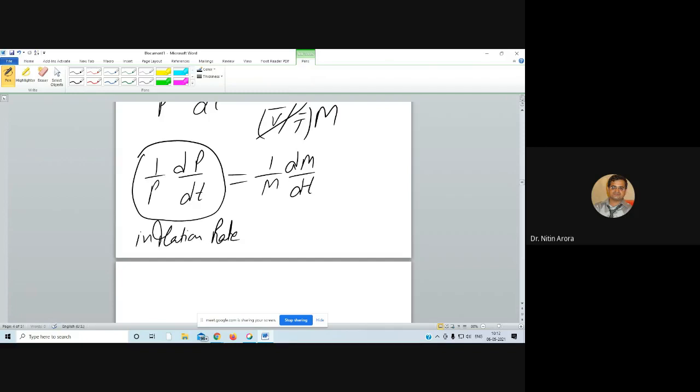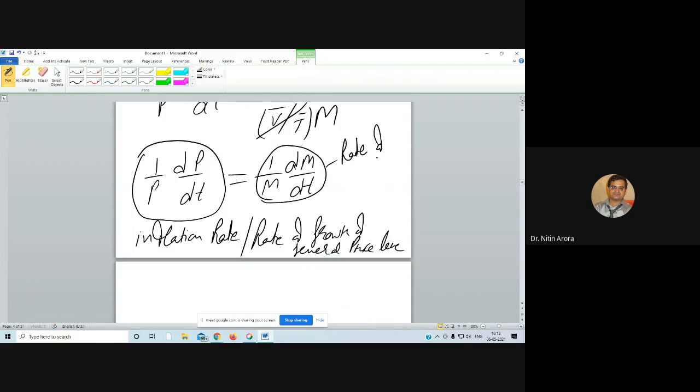This is the inflation rate, rate of growth of prices, or also called rate of growth of general price level. And this is exactly equal to the rate of growth of money supply. Okay.